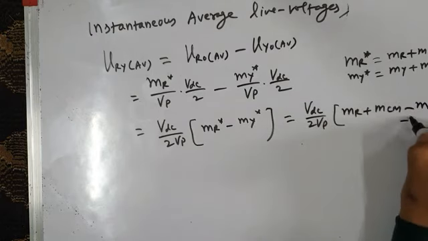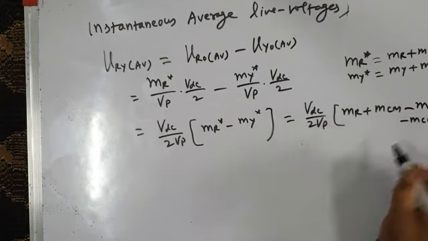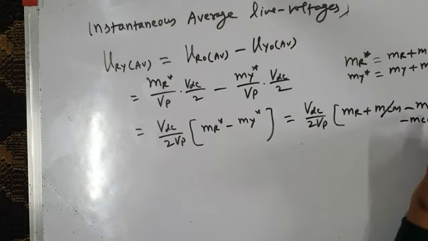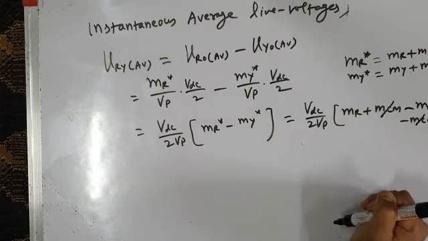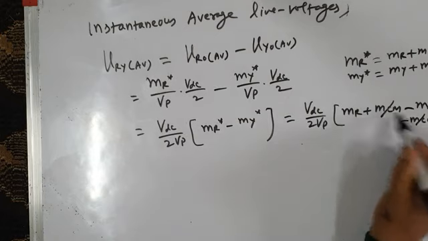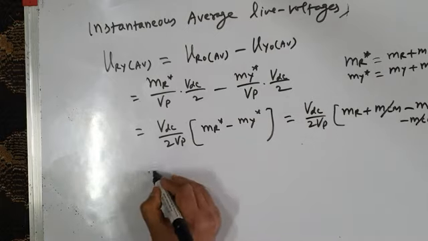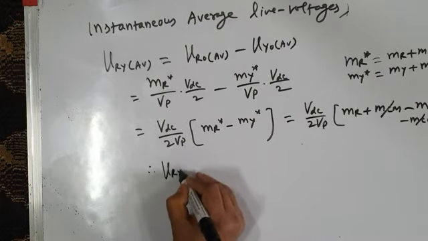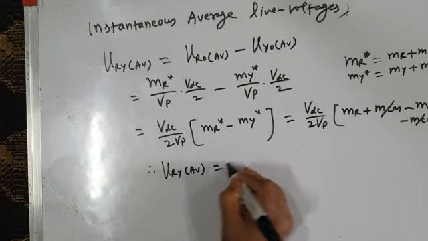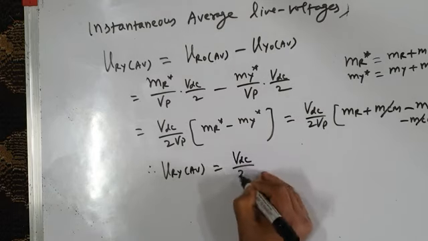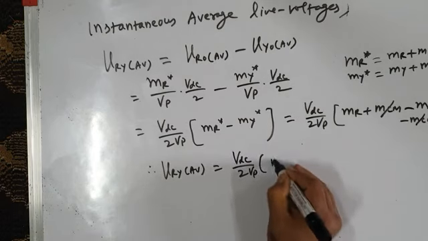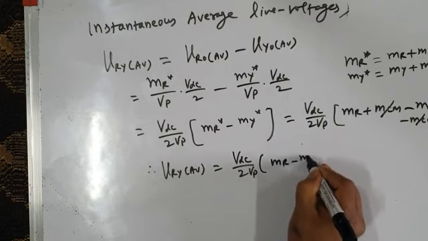So MY plus MCM. Now as far as this common mode signal is concerned, it will subtract from line voltage. In the line voltage, MCM minus MCM subtract to 0, they cancel out. So therefore, line voltage VRY average is equal to VDC by 2 VP into MR minus MY.